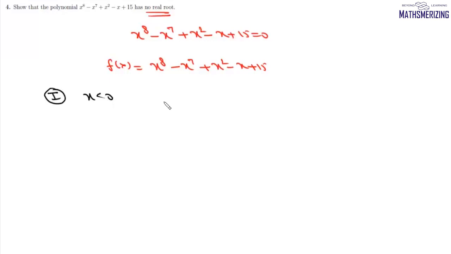Now if x is less than 0, then this f x, this value will be positive. This is also positive, this is also positive, and then plus 15. Then f x will be greater than 0. So if x is less than 0, this number is a positive number.